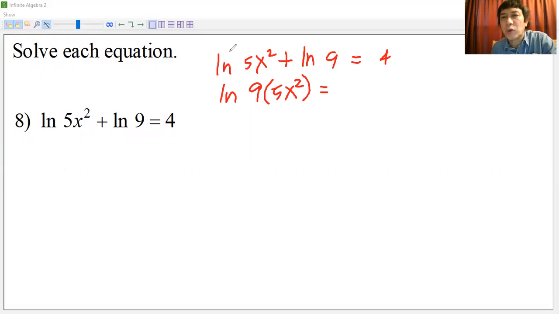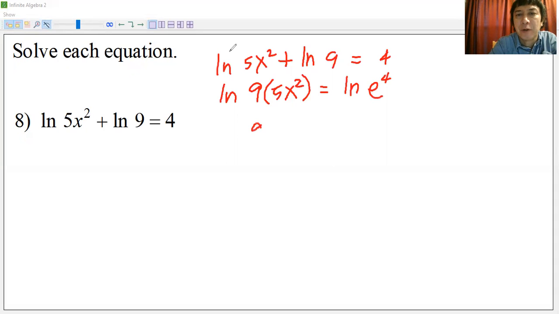And so we can also make use of the ln of e to the 4th, because ln of e to the 4 is equal to 4, okay? At this point, we can now ignore the ln's, okay?